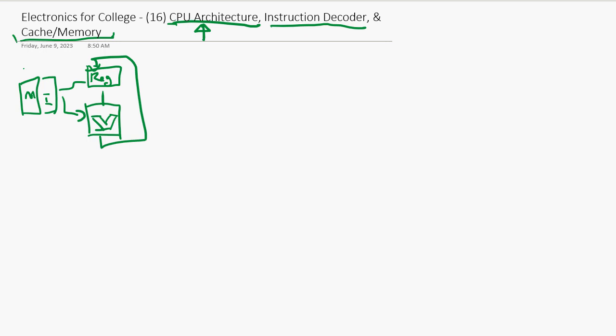CPU architecture is... what determines the CPU architecture? The technology determines it: the hardware you use, the number of gates you can put on one chip, the number of pins, and what kind of package you can use.